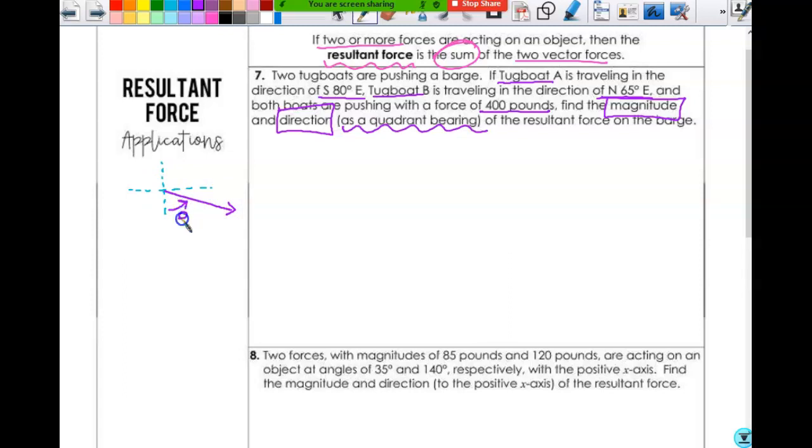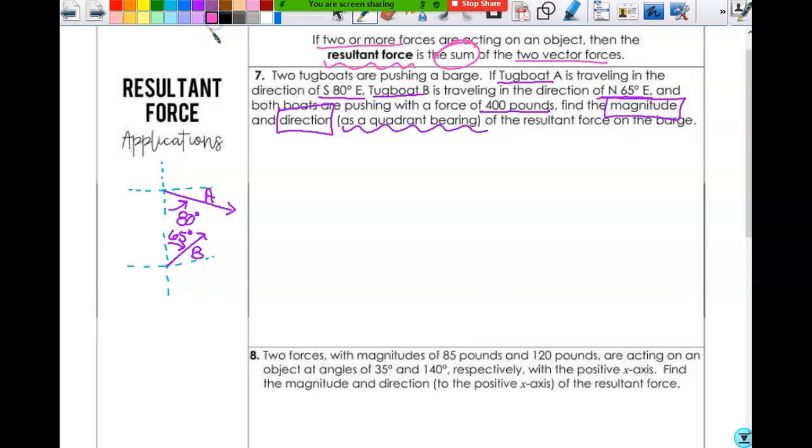This is 80 degrees, and this is tugboat A. Tugboat B is going north 65 degrees east, so somewhere over here like this, and this is 65 degrees. And this is tugboat B. They both have the same force. That's not always true for both of your vectors, but in this case, it is.